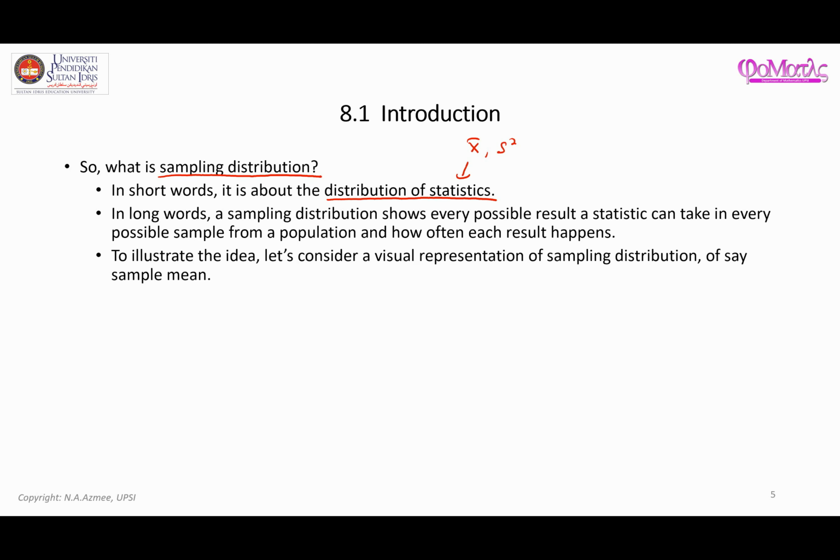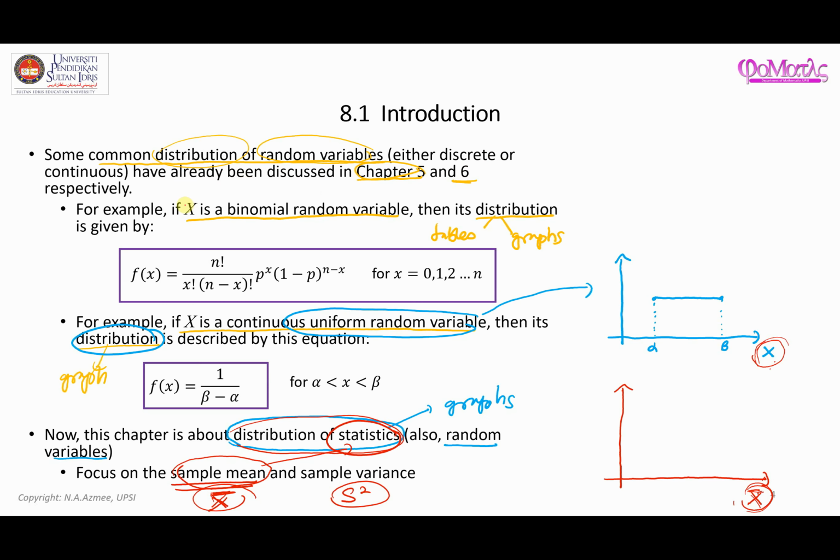For example, when you have x in a certain setting, you can say x is a binomial random variable, then this is a special distribution for x, and it can be represented by this equation.